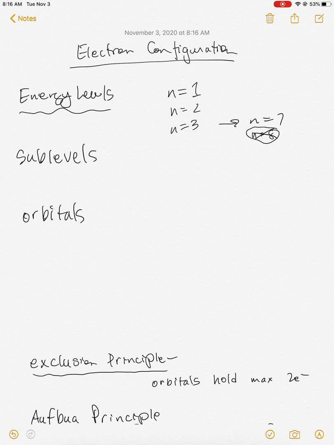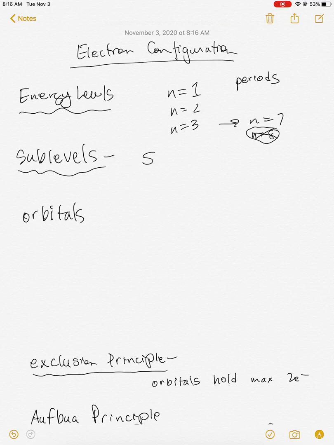That number refers to the periods of the periodic table, and on a lot of periodic tables, that's labeled on the left-hand side, 1 through 7. Then we have sublevels, and for some reason, they are given letters that mean absolutely nothing to us, but maybe to scientists.